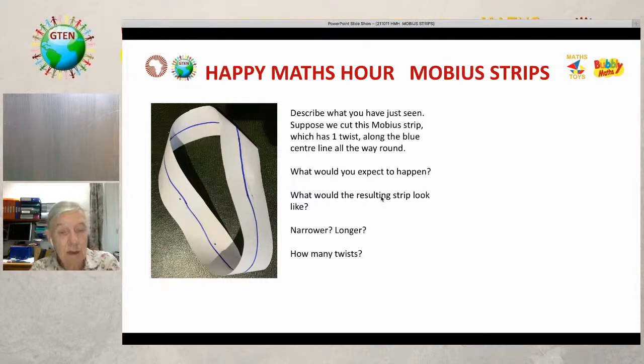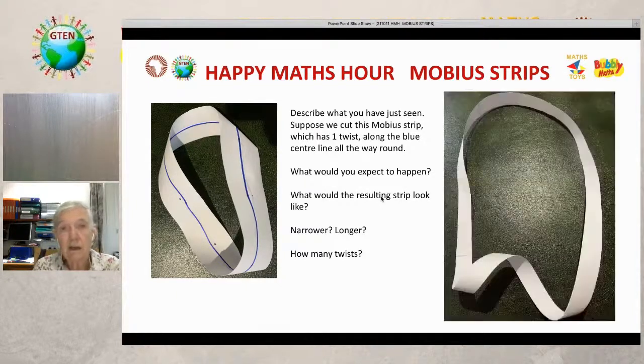Now imagine it, think about it and imagine it. Caroline's just showed you. And what Caroline showed us with that is that it could be rearranged into a rectangle or square with 4 half twists. So it had quite a different character from the original Mobius strip.